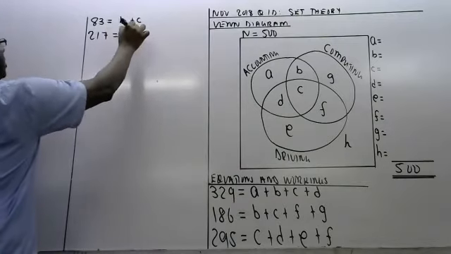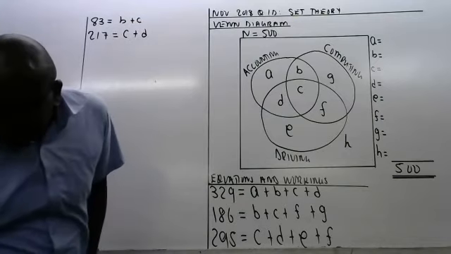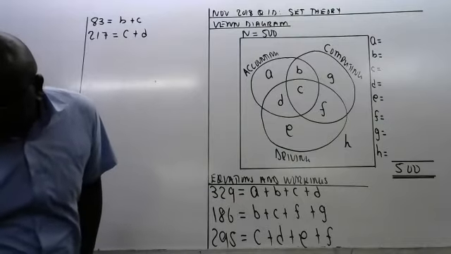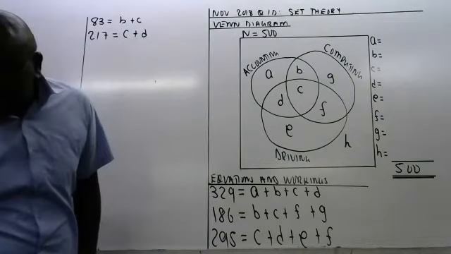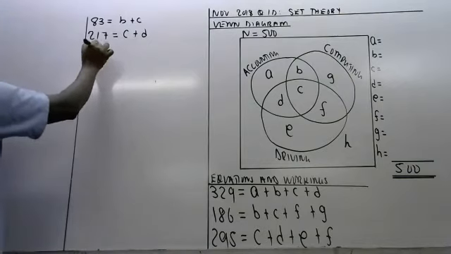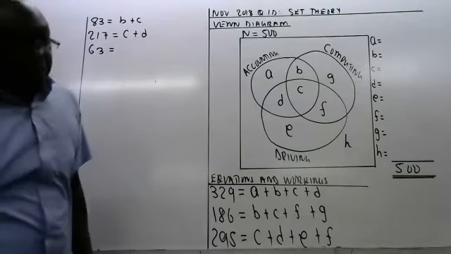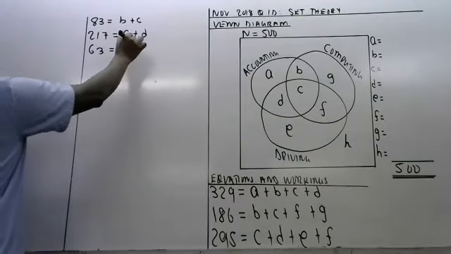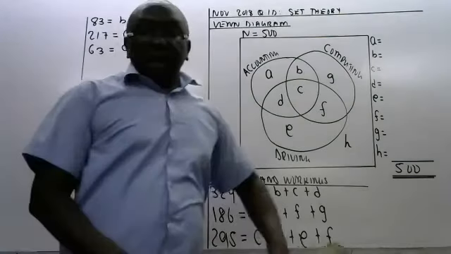So C plus D. And then 63 were undertaking both computing and driving courses. So computing and driving, that is CF. C plus F. Now from there, try to solve and give me the answers.